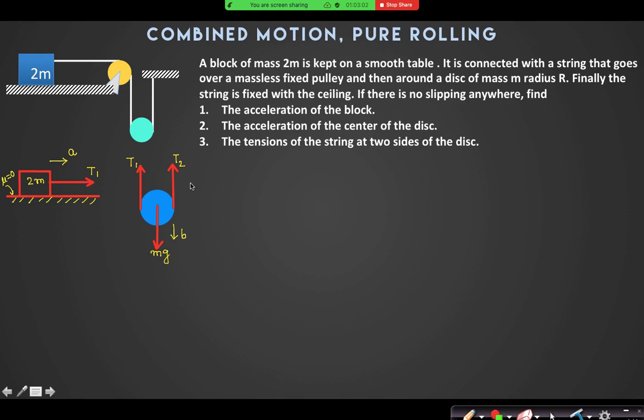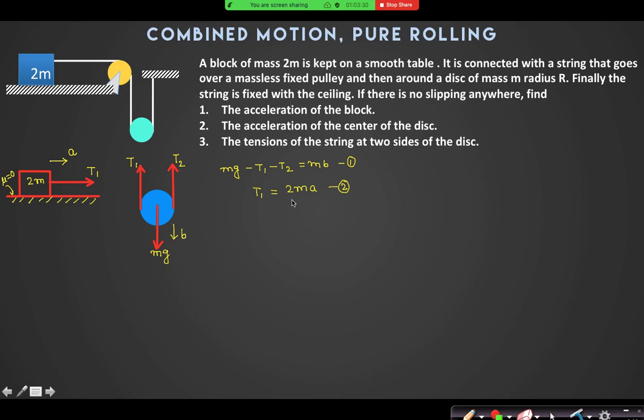Okay, sir. Mg minus T1 minus T2 is equal to Mb. No problem in it. T1 is equal to 2Ma. No problem in this. No, sir, no problem.